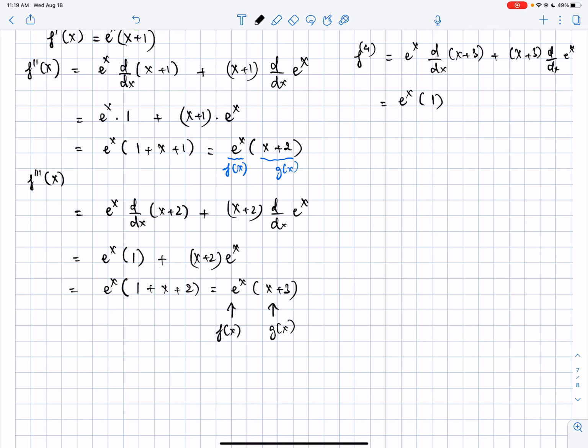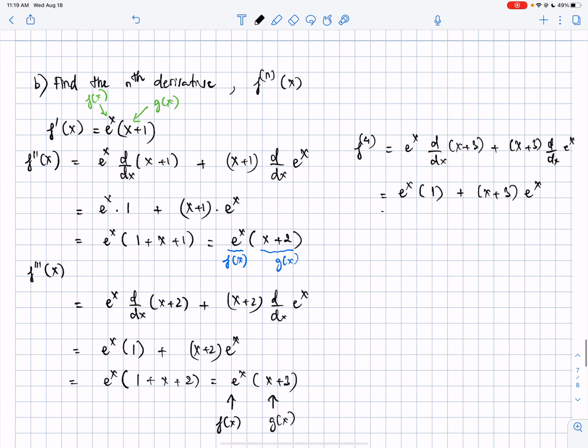For x plus 3, the first derivative is 1. The first derivative of e to the x is e to the x. We have e to the x as the same common term, so we can factor out. So we get 1 plus x plus 3, then e to the x times x plus 4.